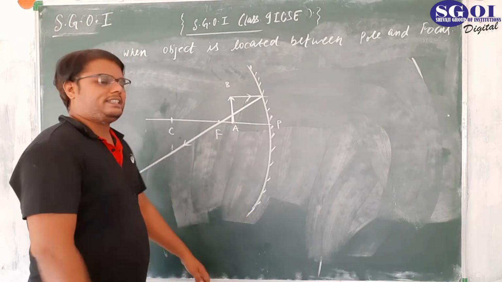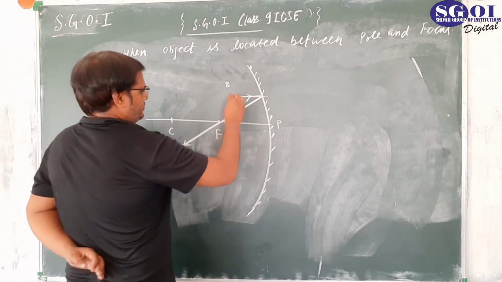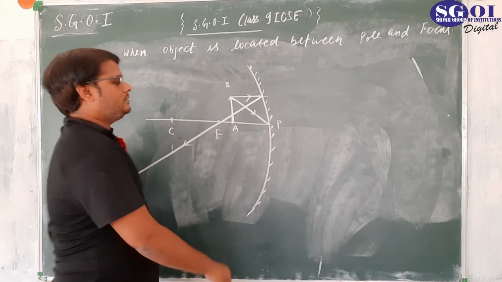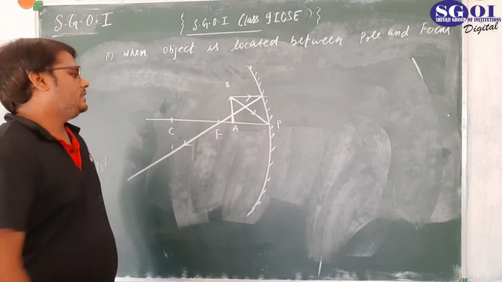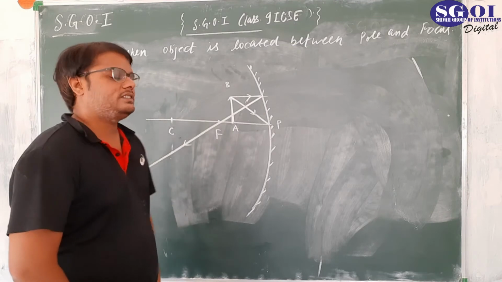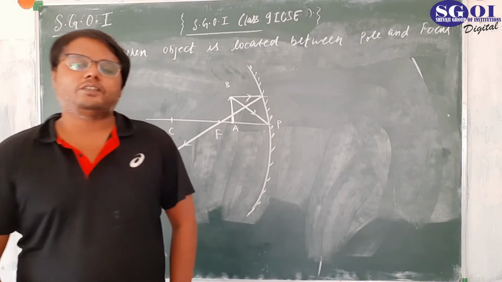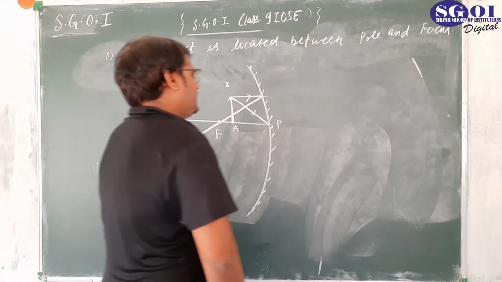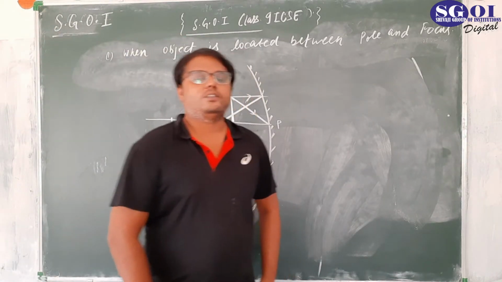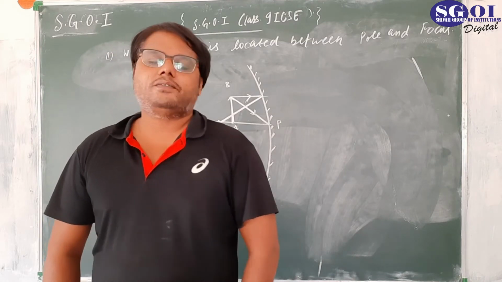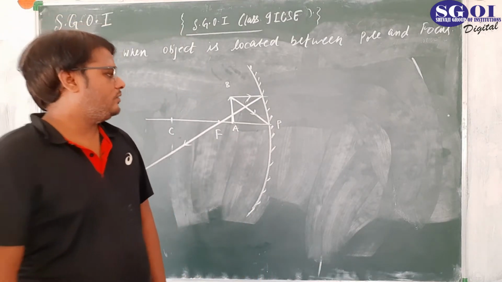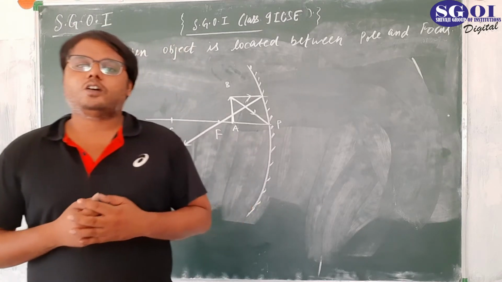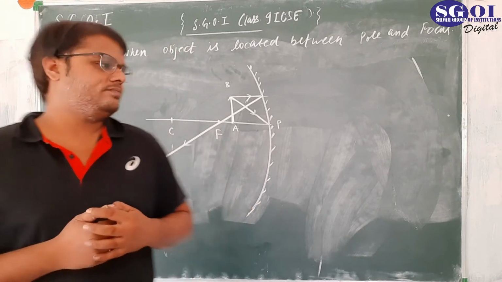Now a ray can be taken anywhere. I am taking a ray at the pole. What did I tell you about reflection? What are the laws of reflection? The laws of reflection are that the angle of incidence is always equal to the angle of reflection, and the angle of incidence is measured between the normal and the incident ray.